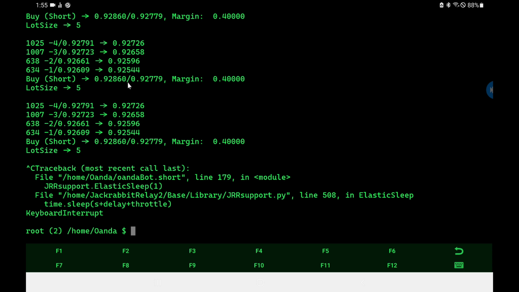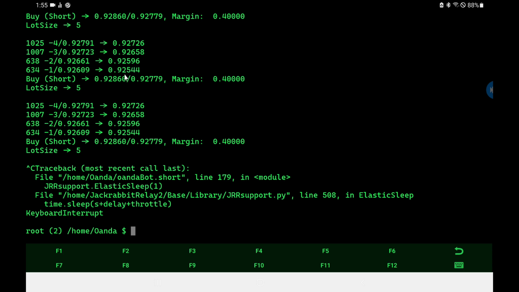And right now, the ticker is 92,779. So it's quite a bit above what our price is. But we're only using about 40 cents of margin. So you see just how this bot really works.